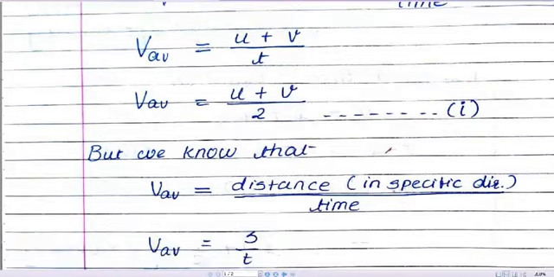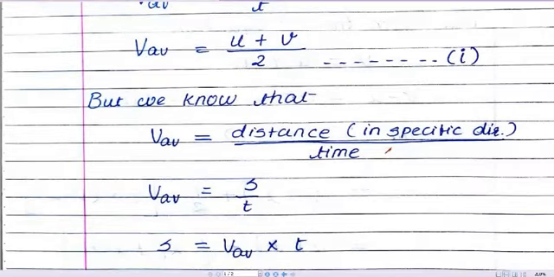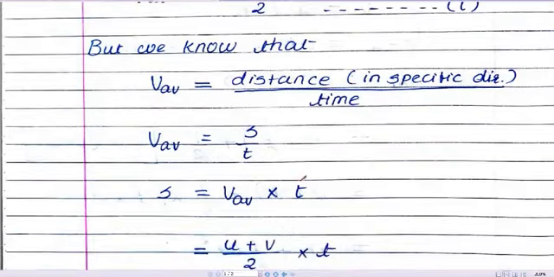Now, we know that when we say average velocity, it is actually distance upon time. Naturally, when I say velocity, it is distance in a specific direction. So average velocity is nothing but distance in a specific direction divided by time. Distance means s and time means t.